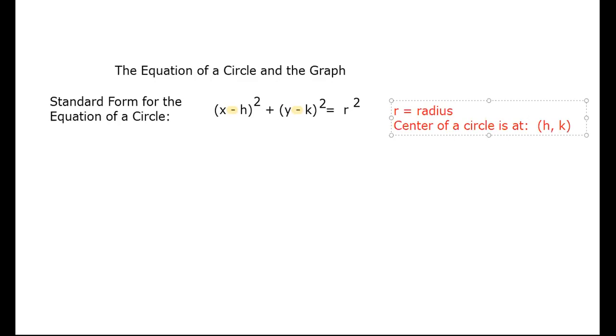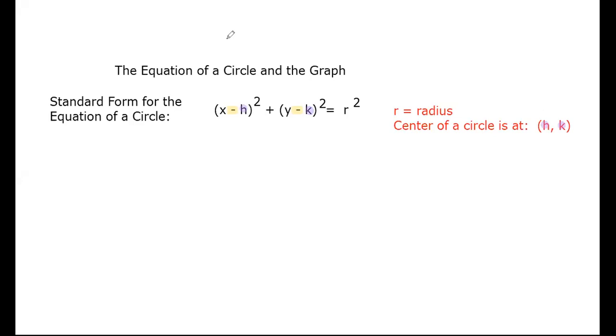That's just a point. It's an x, y coordinate, and it's the specific coordinates for the center. So you can see the center of the circle immediately in the standard form of the equation of a circle. You can see it right off at (h, k).